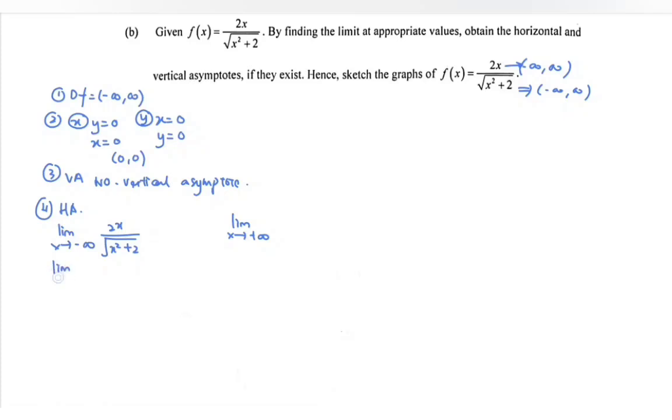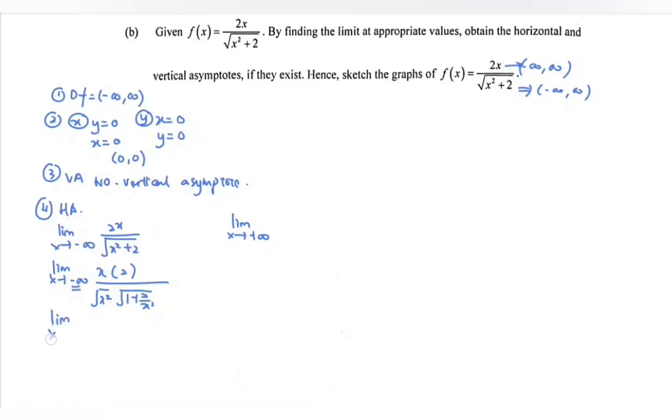So for the limit when x approaches negative infinity, if we factor out x, we have 2 over, if we factor out x squared, we notice that we have the square root of x squared, which is equal to x, times the square root of 1 plus 2 over x squared. Since x approaches negative infinity, the square root of x squared will be negative x.